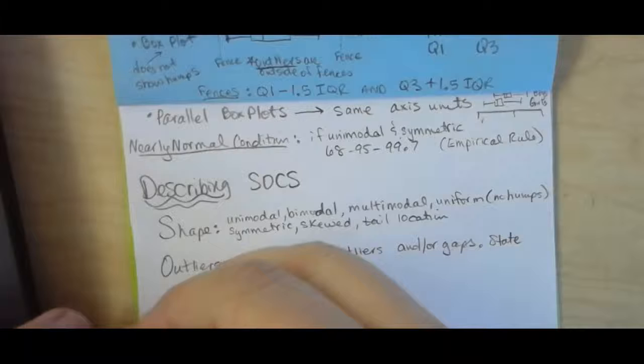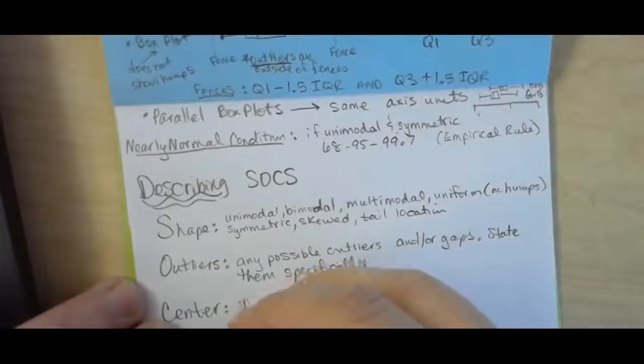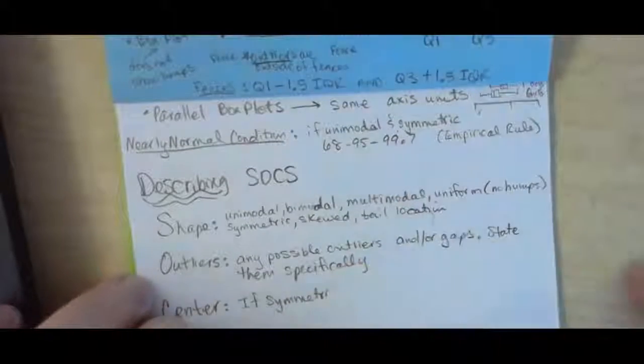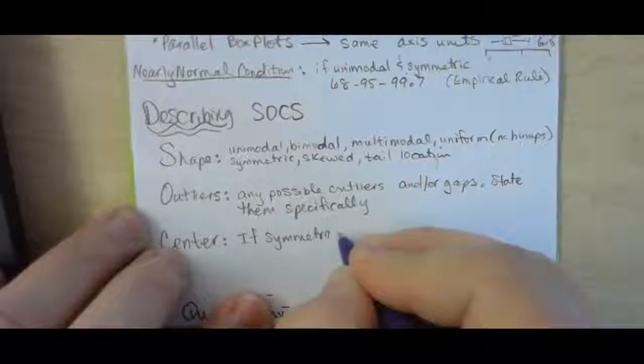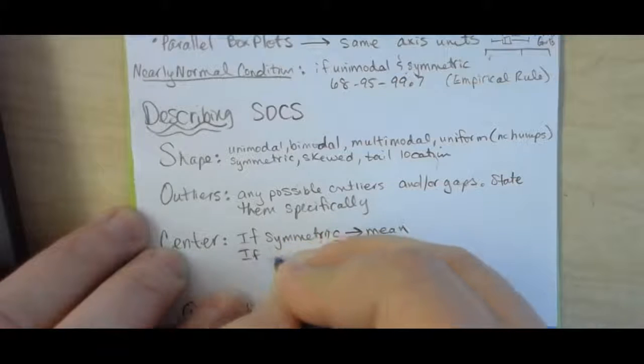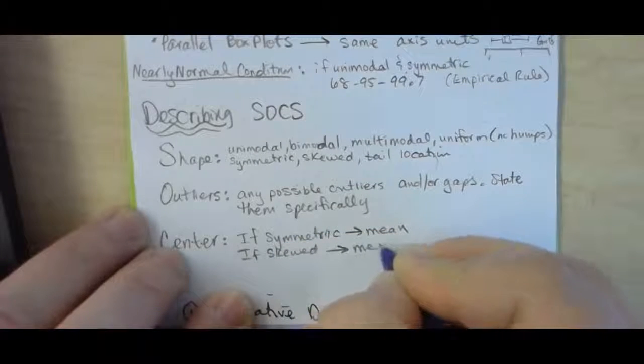Okay, C stands for center. And for center, if it's symmetric, oops, there's only one R in symmetric. If it's symmetric, you're going to use mean. If skewed, you use median.